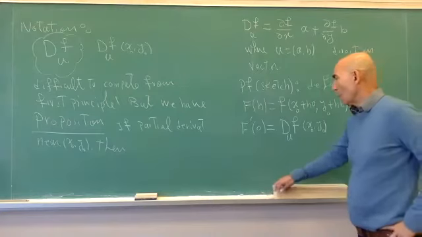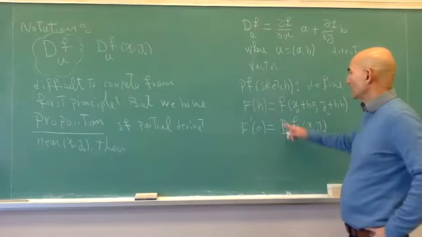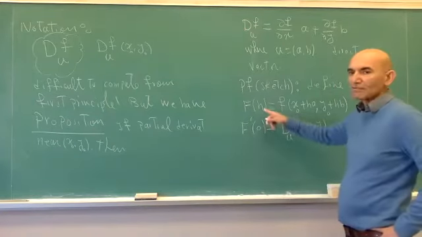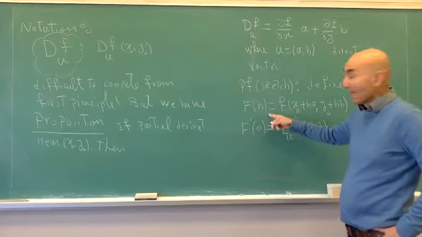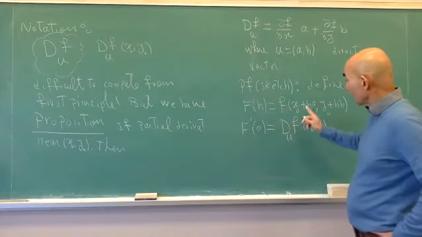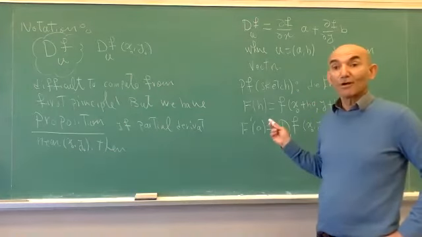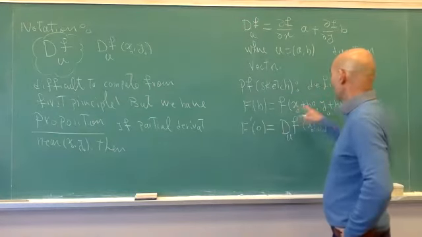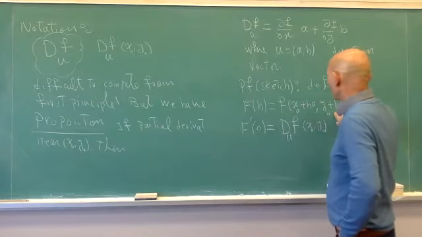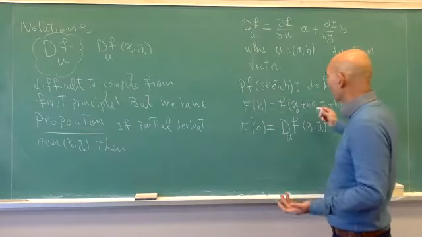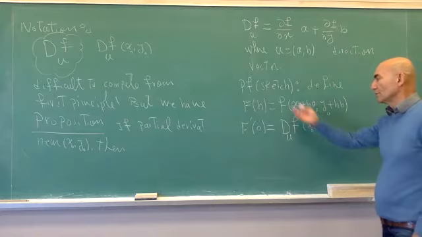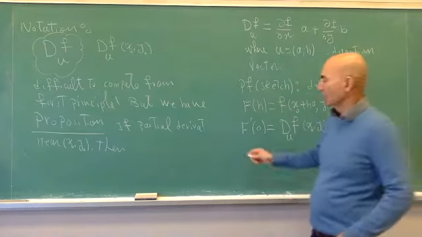Okay, so all we have to do now is make sure that we know how to differentiate this function. This is exactly what the chain rule is designed to do for us. We have a function of two variables, we replace each variable by a function of one variable, we get a function of one variable, and now we have to compute the derivative of this. So the chain rule strikes.